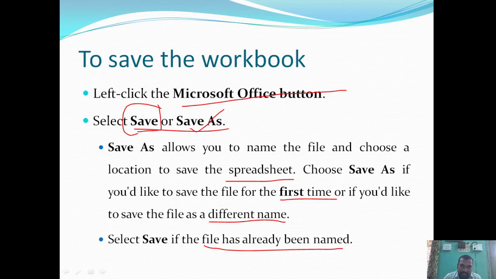Second, if you'd like to save the file for the first time, you can use either Save or Save As; both work the same. Give the file name, specify the location, then that spreadsheet will be saved. Once again I am repeating the difference between Save and Save As.